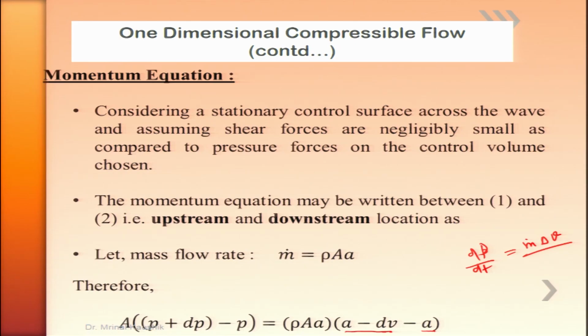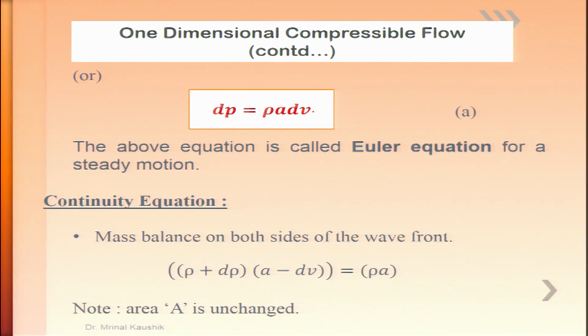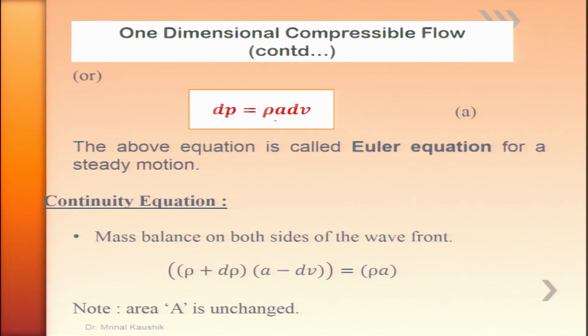Now, A multiplied by P plus dP minus P gives this. Simplify this equation and we get dP equal to rho A dV. Please look carefully, this is nothing but your Euler's equation.